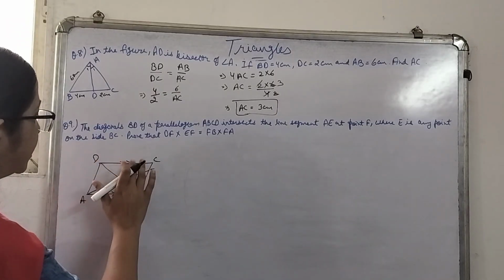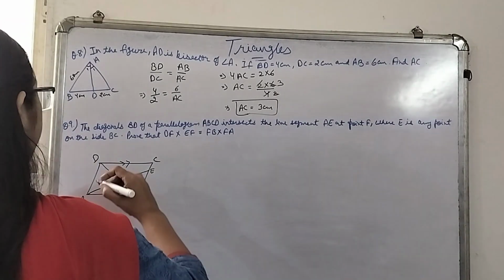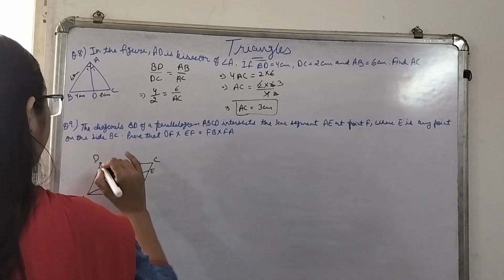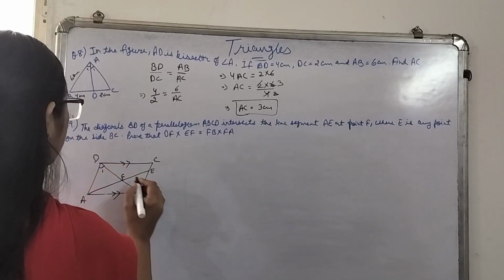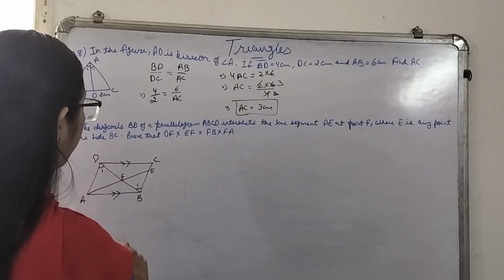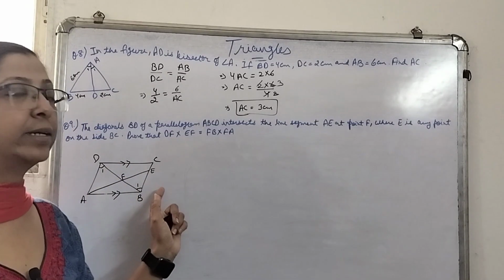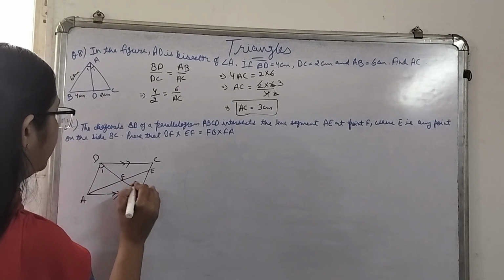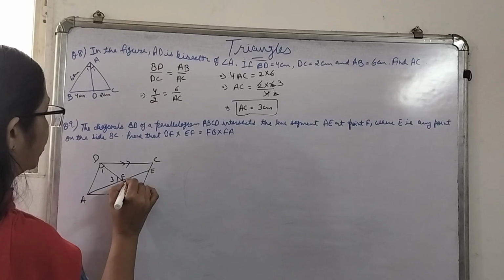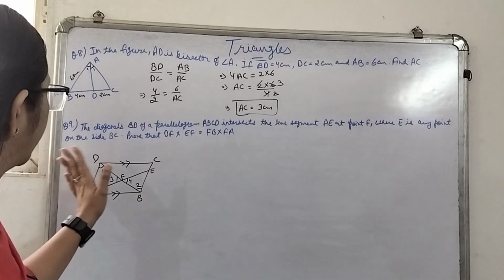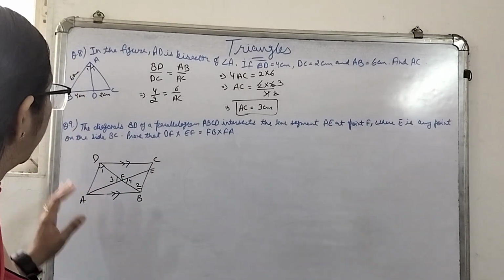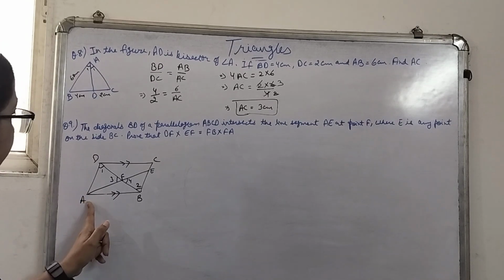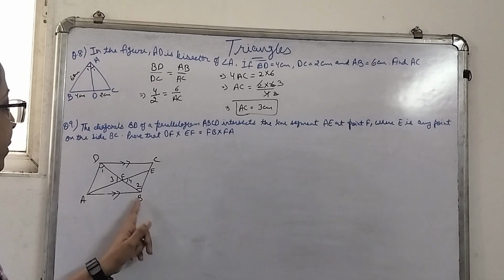Now if the opposite sides are parallel, we can see that if this angle is angle 1, this angle will also be angle 1 because they are alternate angles. Suppose this is your angle 2, this is your angle 3 and this is your angle 4. Suppose we have taken different angles. Now consider triangle AFD and triangle BFE.